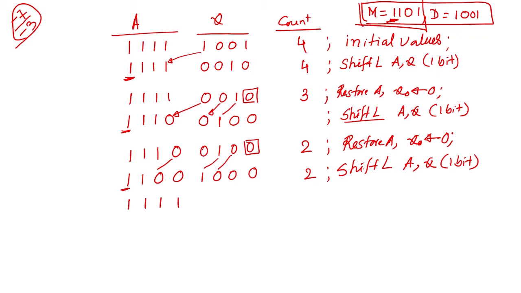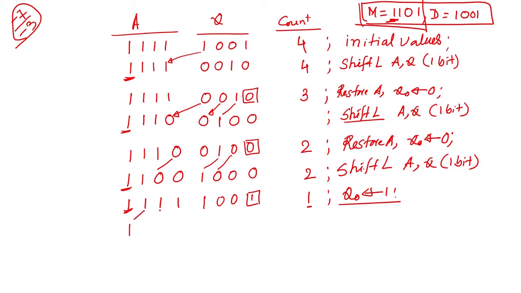Now, after the operation and before the operation the sign is the same. If it is the same, then what do you do? You put 1 and then set Q0 to 1. So, 3. So, now it is 1. So, one more time shift left.